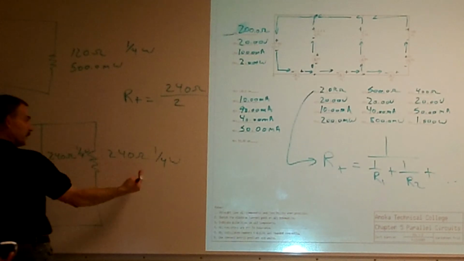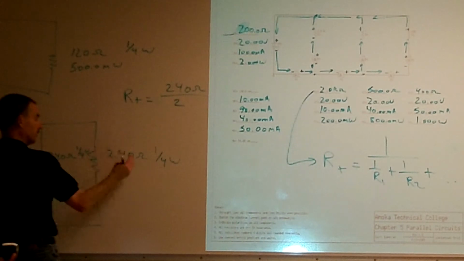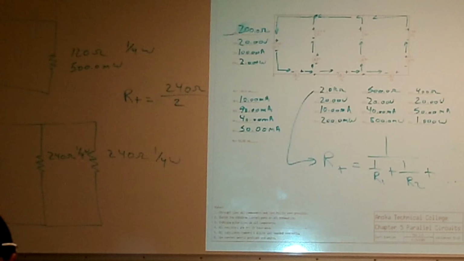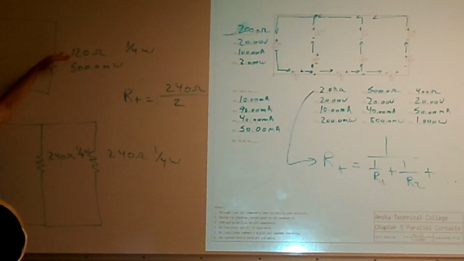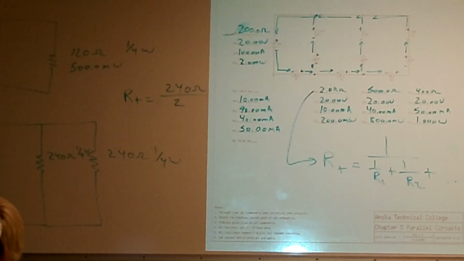So now all I'm doing is dividing up my power to dissipate it across two of the resistors. Sometimes when we need to do that, we need to take a look and go, well, I need 500 milliwatts of power, but I only have quarter-watt resistors. So all I have to do is multiply that by 2, and then I can split it up, and I still get my 120 ohms of resistance.